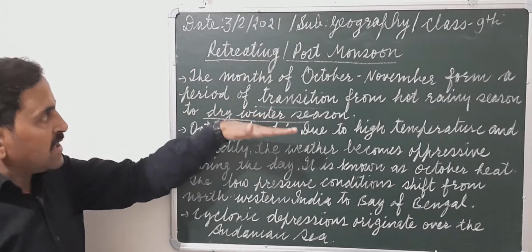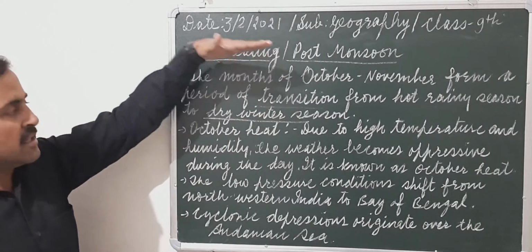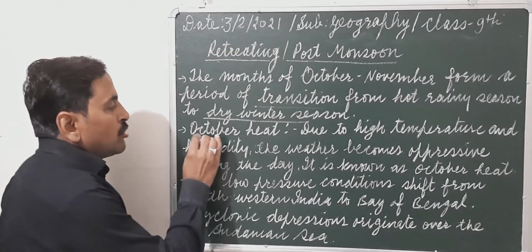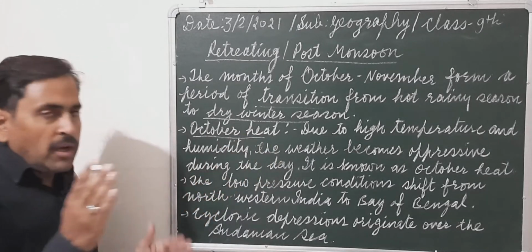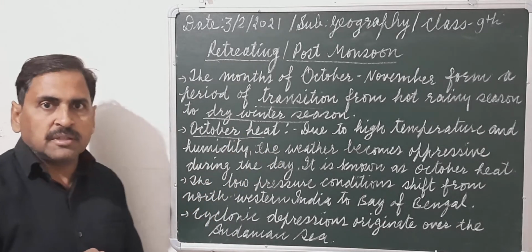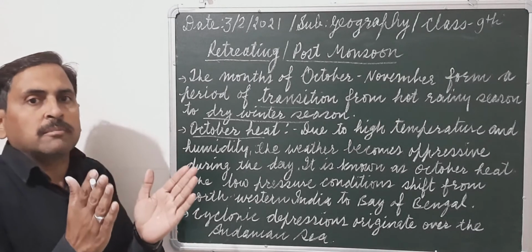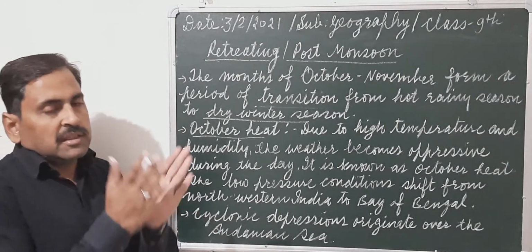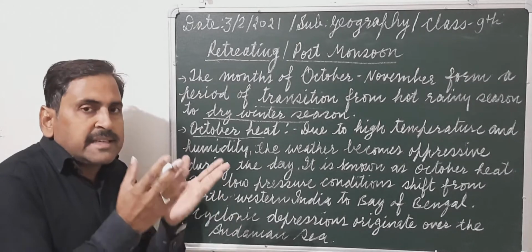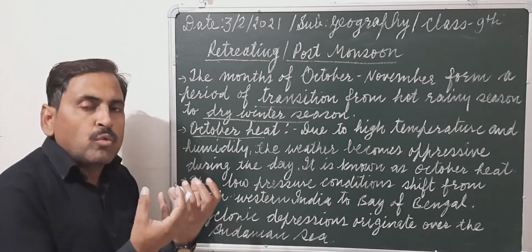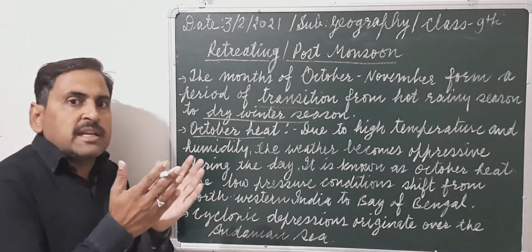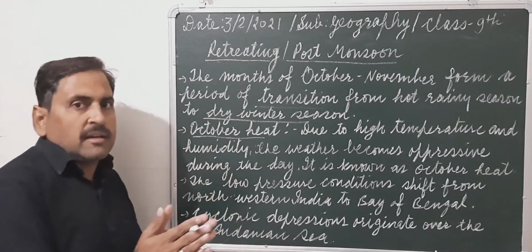One important feature of this season is the October heat. What happens in the month of October? Days are hot and nights become cool. The land is still damp or wet, so that's why there is humidity in the air.